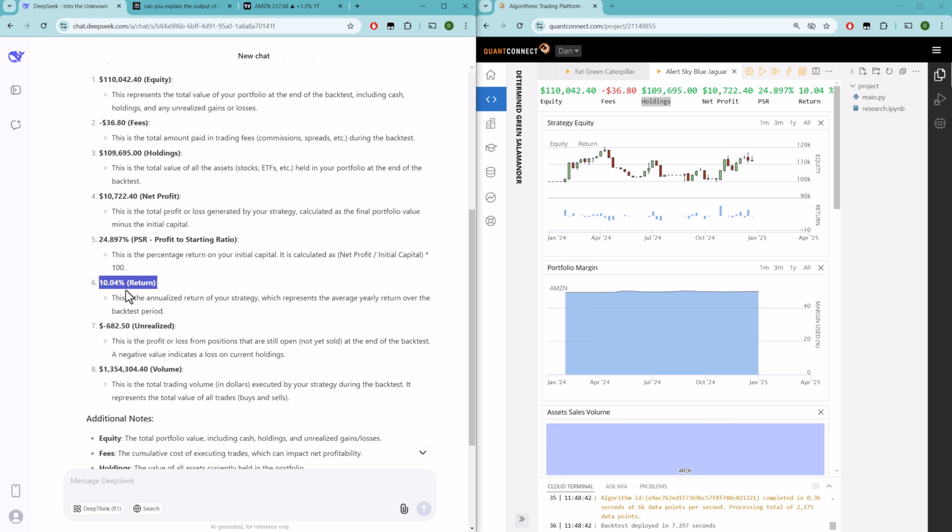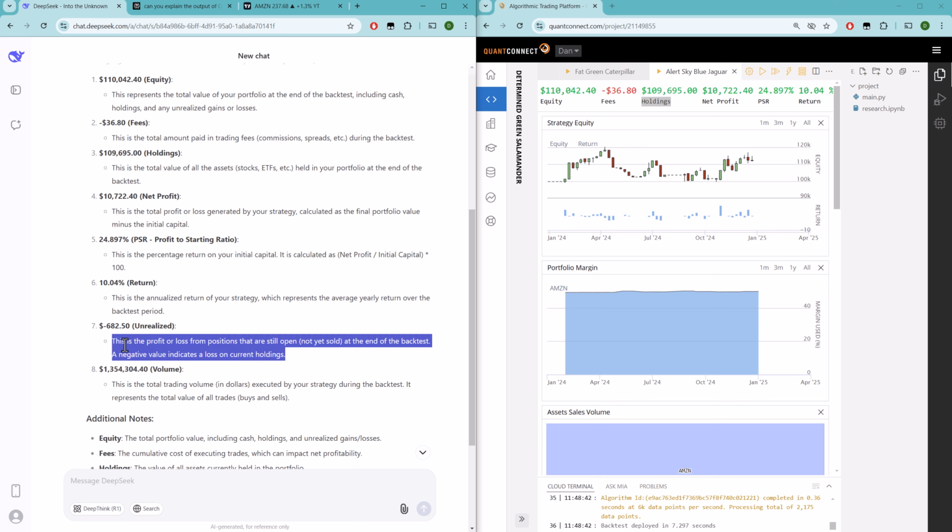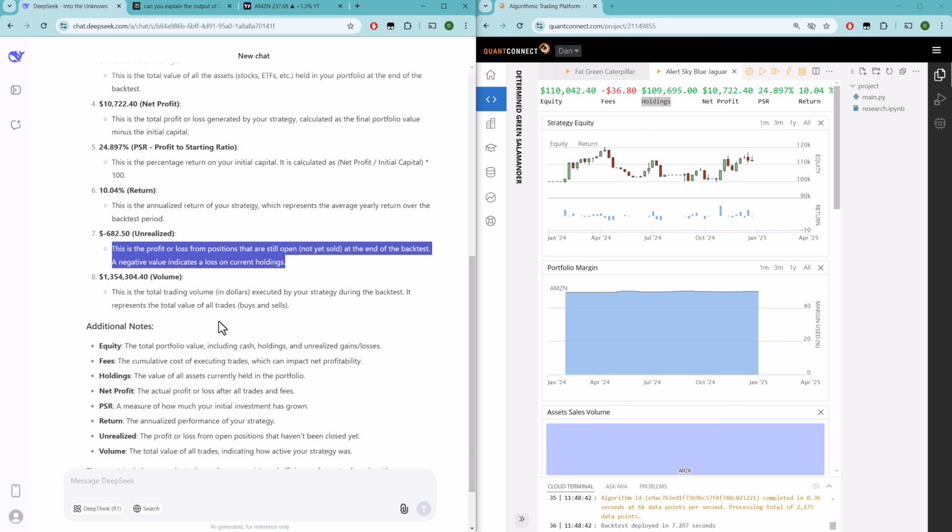Return, this is clear. Annualized return of the strategy, average yearly return of the backtest period. Unrealized, this is profit or loss from positions that are still open. So at the end of the backtest, I'm assuming I still have some Amazon stock, which is bought, not yet sold, and it's a bit on the loss side, like the price decreased after I bought it.